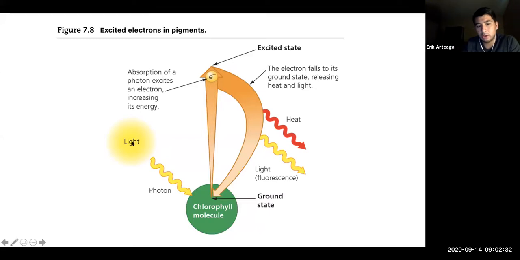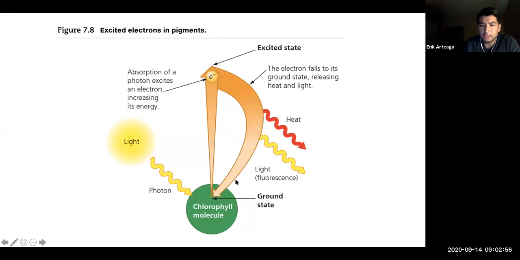Okay, so light energy will come. This metal ion in the middle of that chlorophyll molecule will vibrate. At a certain point, it'll release or emit an electron in an excited state. Okay, so this electron will eventually fall to the ground state, releasing heat and a fluorescence, or light.